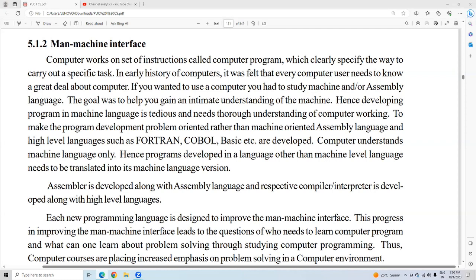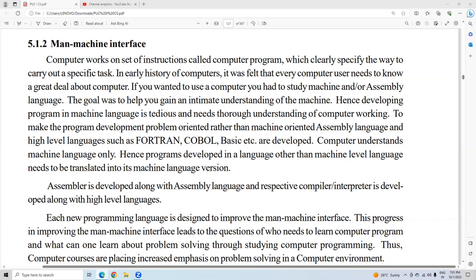Machine level language and assembly level language are machine oriented languages, whereas high level languages such as Fortran, COBOL, BASIC, etc., are machine independent languages. Computer understands machine language only. Hence, programs developed in a language other than machine level language need to be translated into their machine language version.